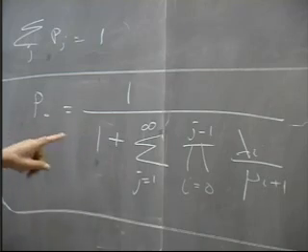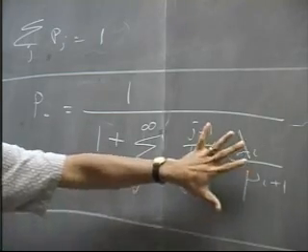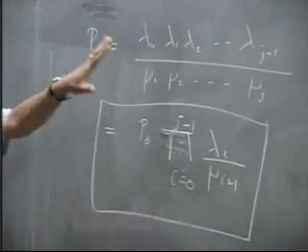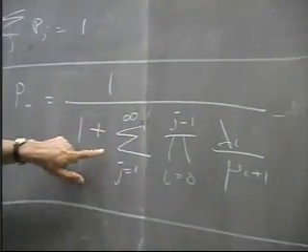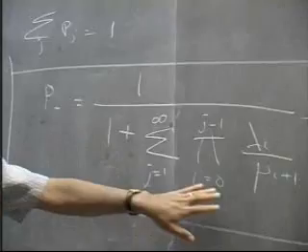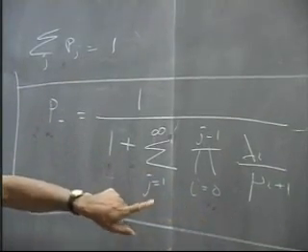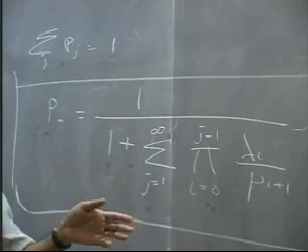P0 plus these ones, which is just P0 multiplied by this product. I've got to sum them using this summation, because all of these are of the form P0 times some product for different values of j. And so I sum it up and I get P0 is this.